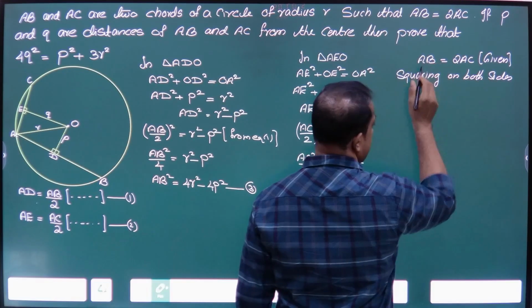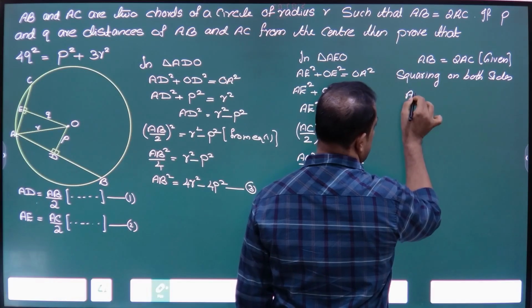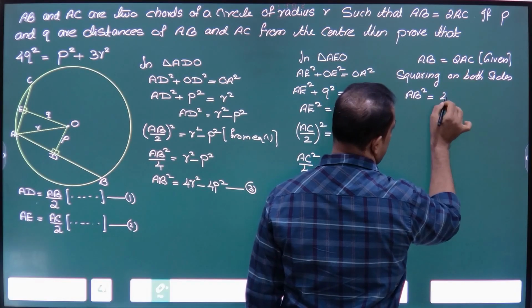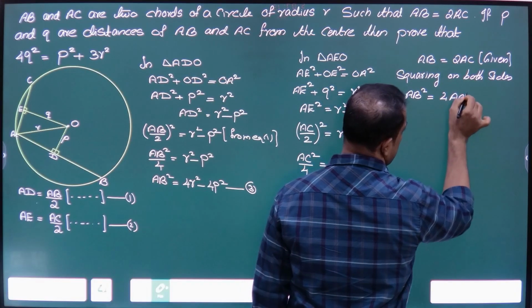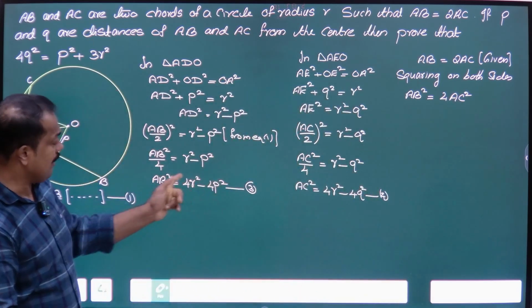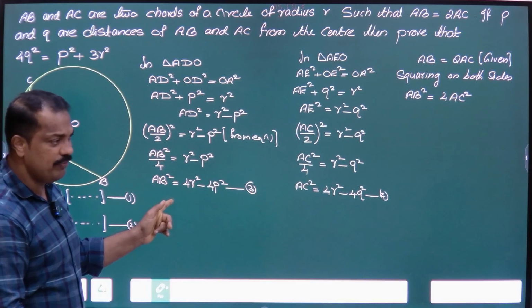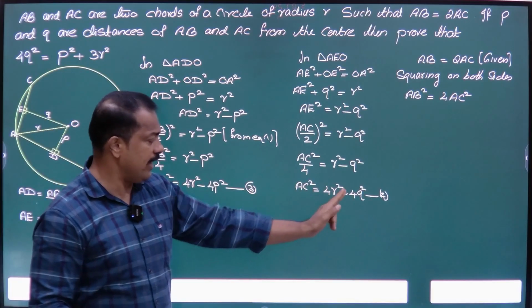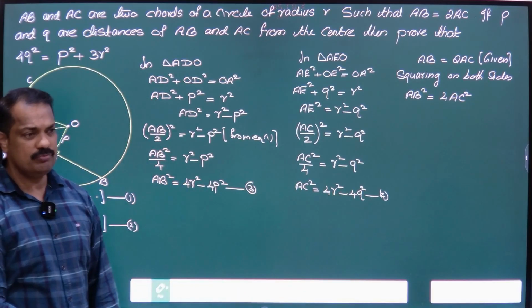What is the square of AB? AB square equals the square of 2, so 4 AC square. Why did we do this squaring? We have the value of AB square. What is the value of AB square? And what is the value of AC square? 4R squared minus 4Q square.